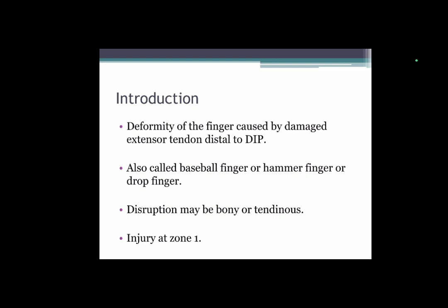To understand mallet finger, it is important to know the anatomy involved. The condition affects the terminal extensor tendon, which is attached to the distal phalanx and is responsible for straightening the fingertip. This tendon crosses the distal interphalangeal joint.